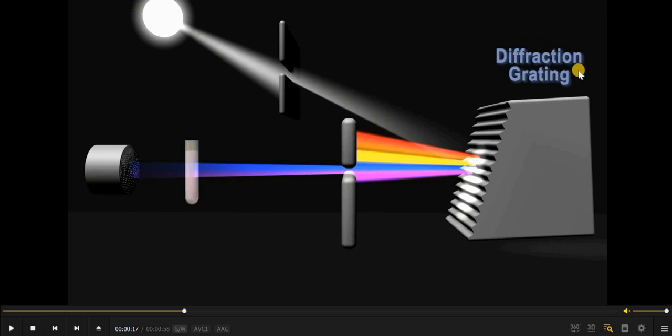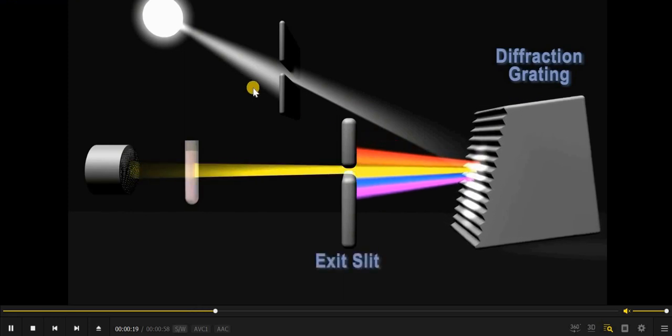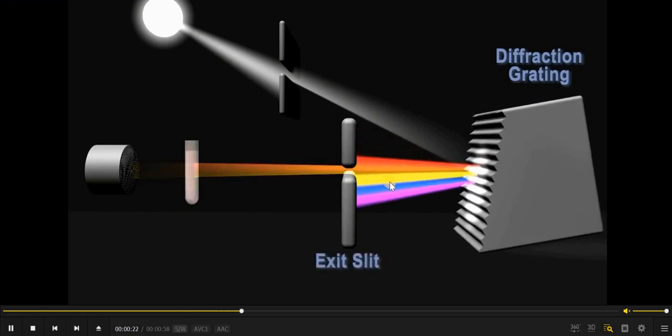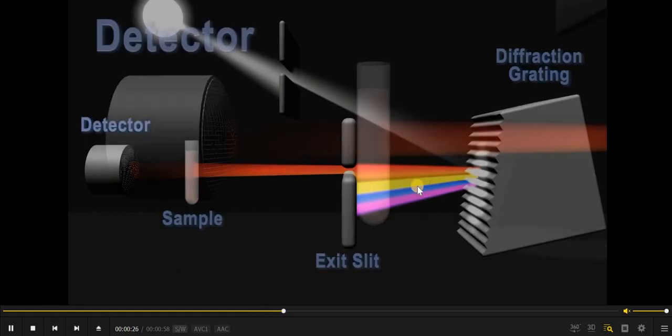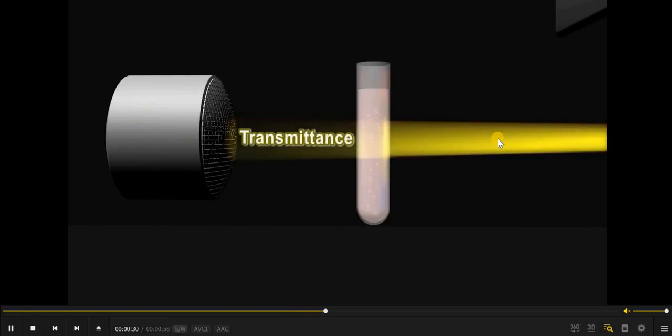So here we can see this is a diffraction grating. Now after the grating, if white light is coming, it is dispersed into 7 colors. Now as you can see, the incident radiation is monochromatic light. Monochromatic light means single wavelength light.